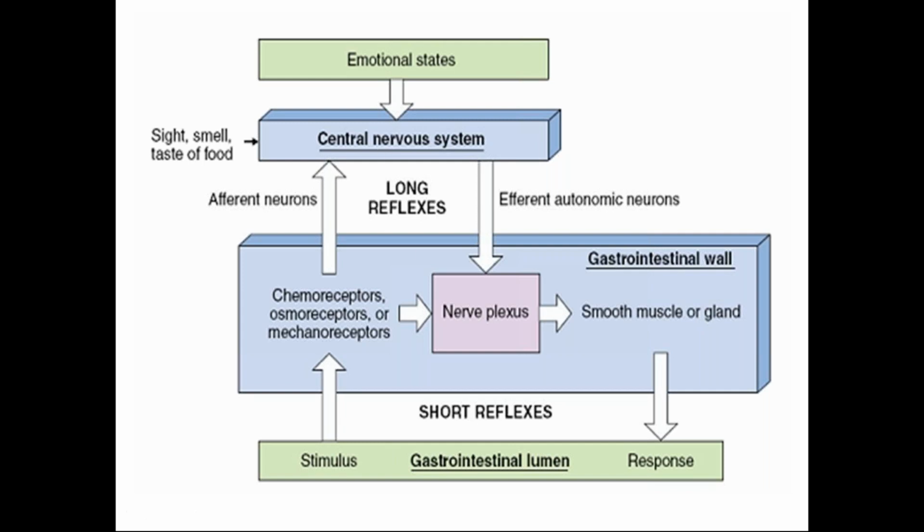This is just a summary of the innervation of the GIT: how it is acting, how there are connections between the extrinsic and intrinsic nervous systems, between the GI tract and the nerve plexus, and between the GI tract and the central nervous system, and how higher function, emotions, and other sensory inputs affect our GI function.